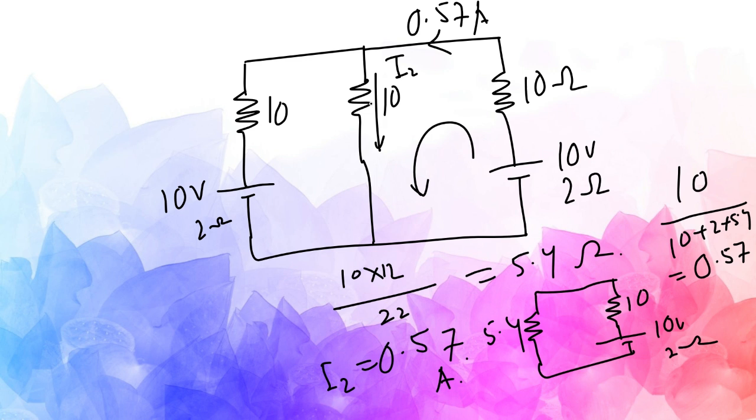How much would be the current in this branch? As per the current dividing rule, we can find I2. This 0.57 is the total current flowing through this circuit, and after that it is going to be divided.